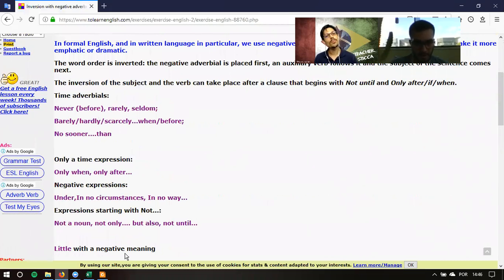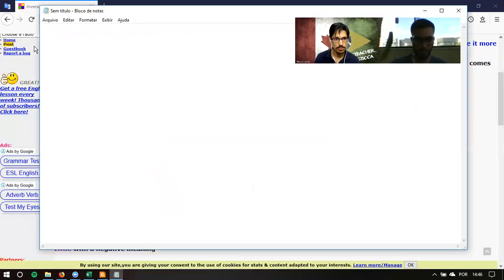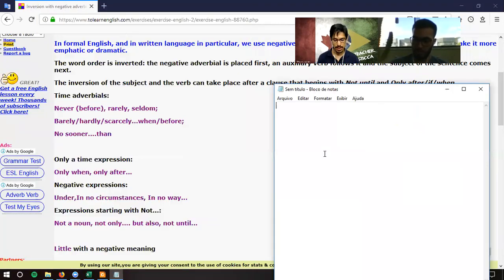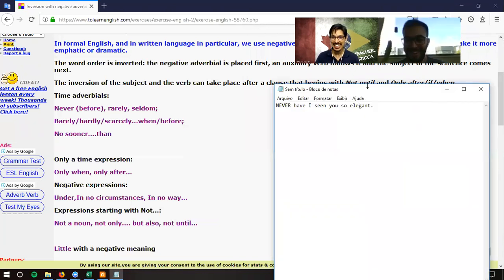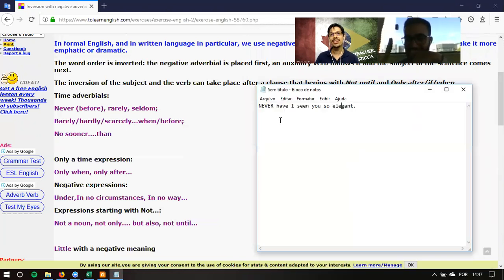Never. Let me give an example, because it's not always that we do the inversion with never. Imagine somebody gets to you and says, "Oh, Mari, never have I seen you so elegant." Now, this is a specific case.